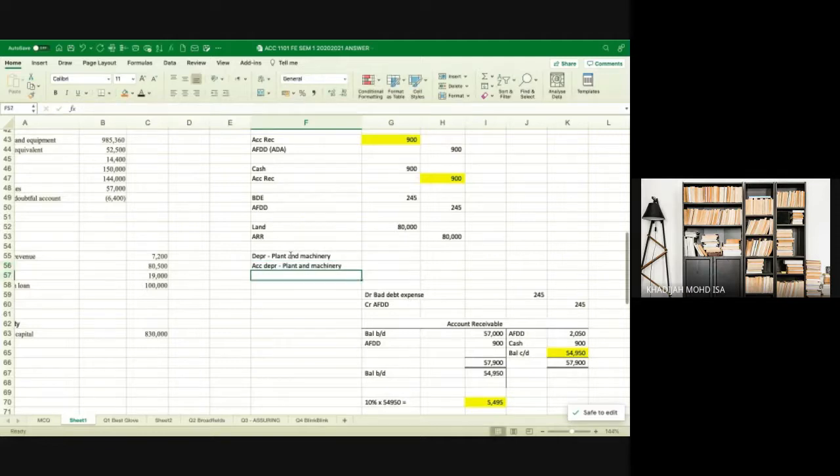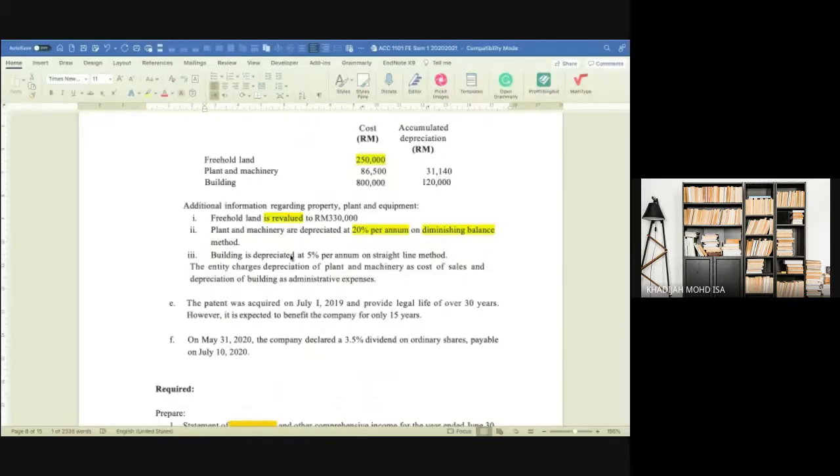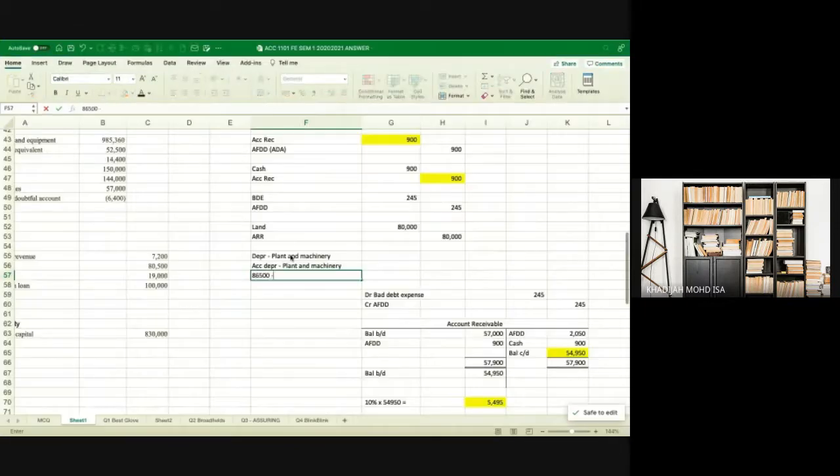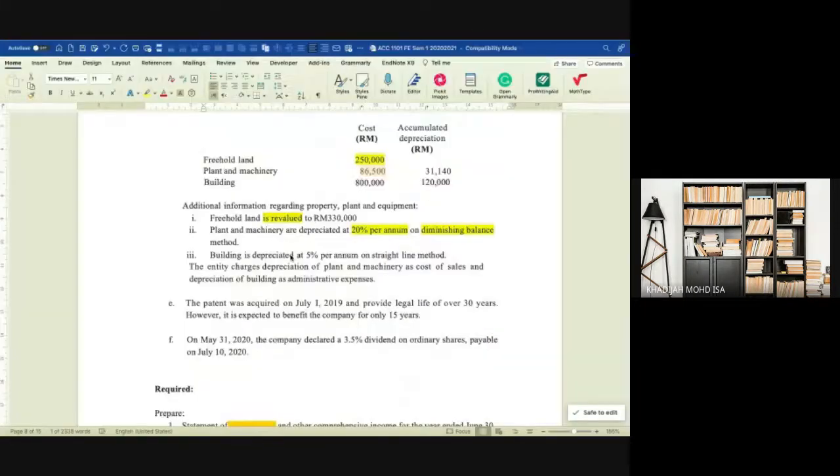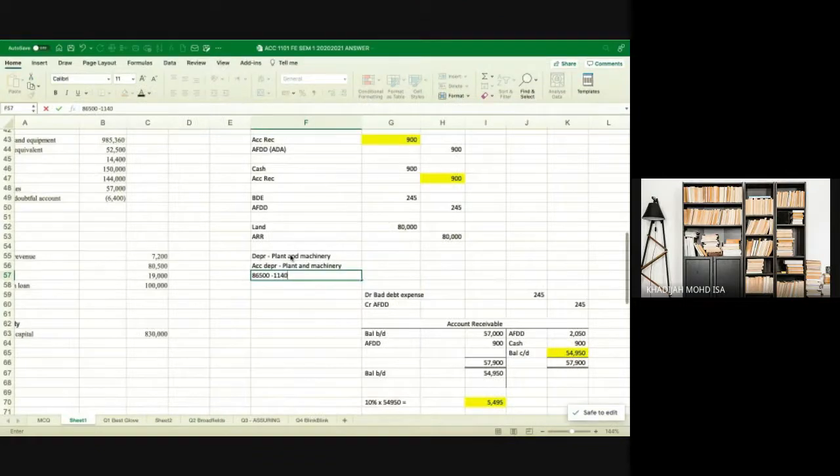So how are you going to compute that? Cost of the asset is 86,500 minus accumulated depreciation of 31,140. You can have a bracket there. So whatever we get from there, you times by 20%.